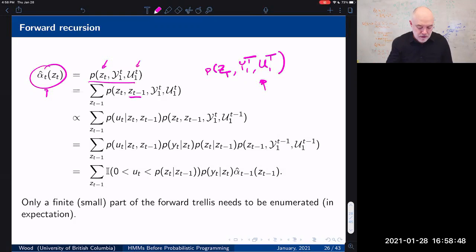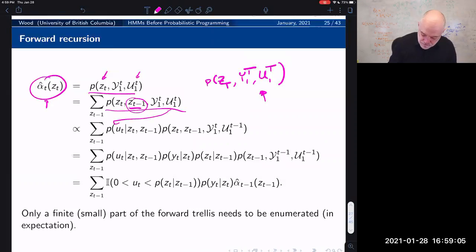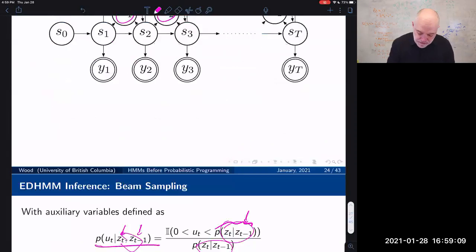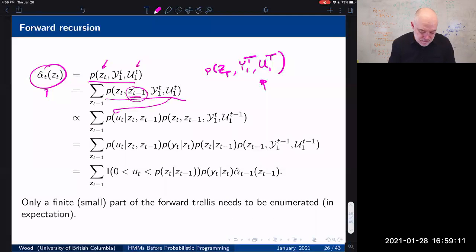We're marginalizing over everything, but if we had this distribution and we just marginalized out Z_{t-1}, we'd be okay. But if you start peeling off the conditional factors according to the graphical model, we know there's a U_t that sits in between Z_{t-1} and Z_t, and depends on both of them.